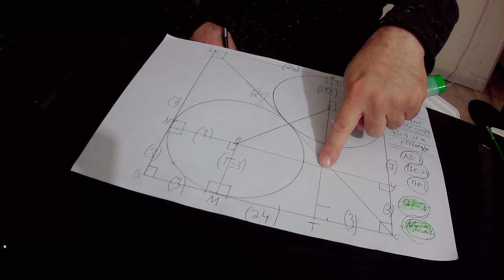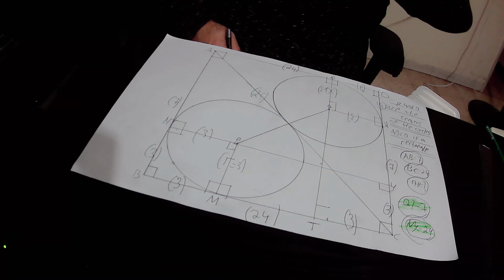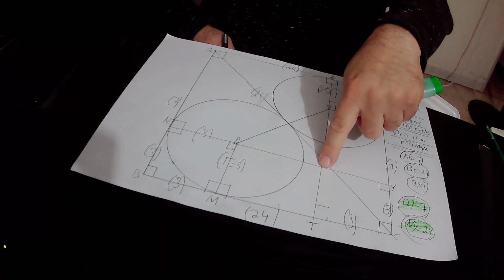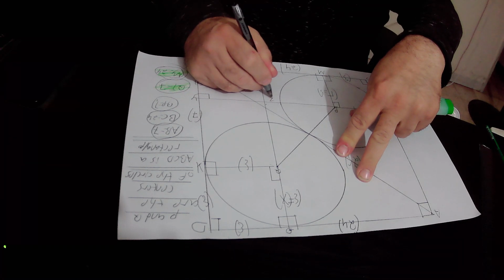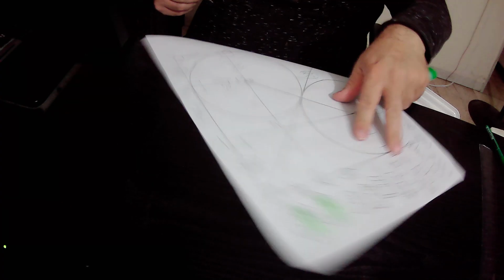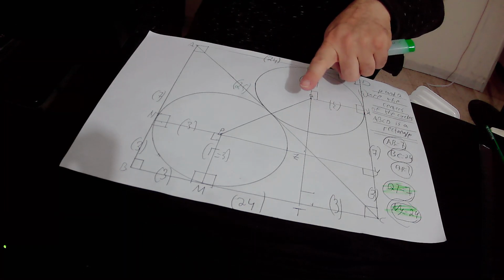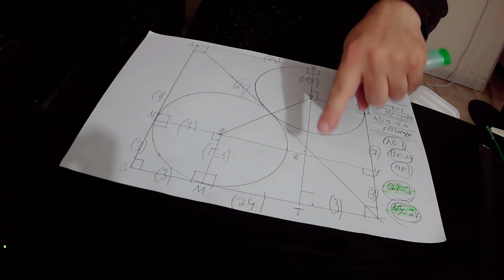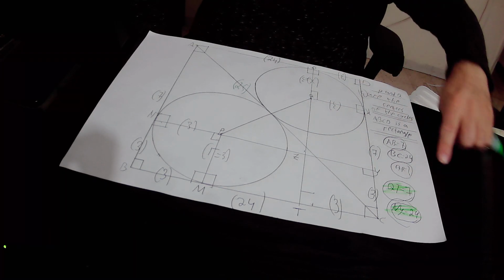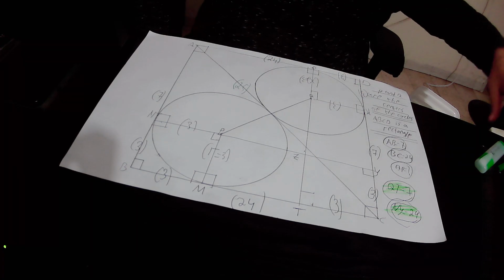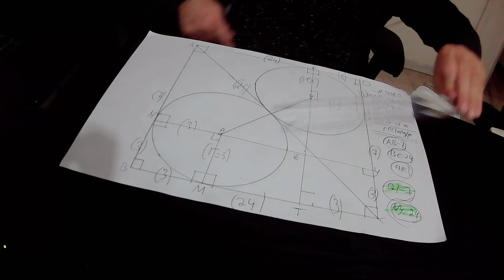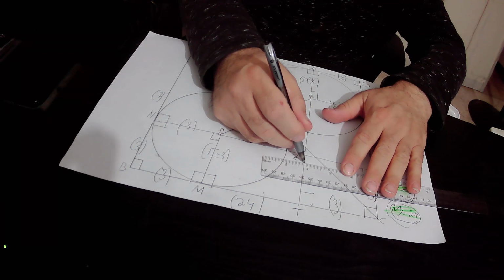This point is point Z. And we will focus on the small quadrilateral ZYTC. Inside this small quadrilateral, we have 1, 2, 3 right angles. Therefore, the fourth angle must also be equal to 90 degrees.